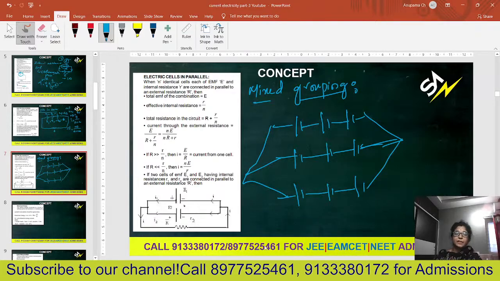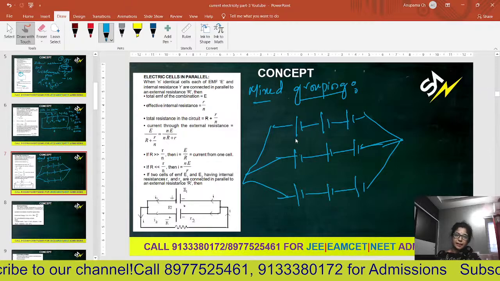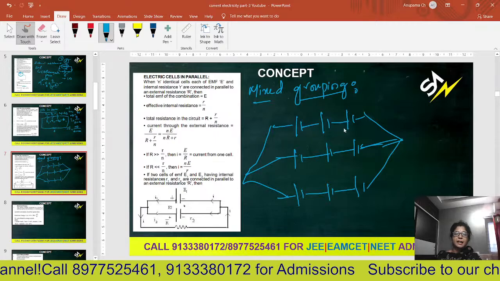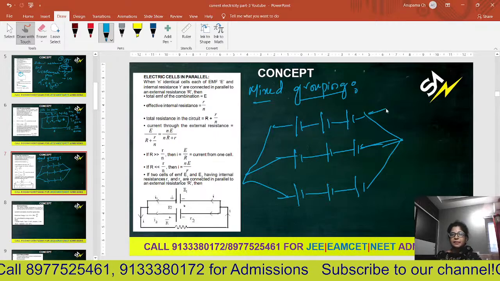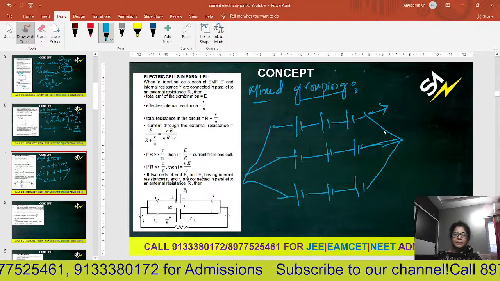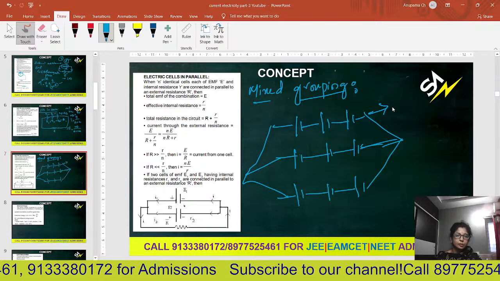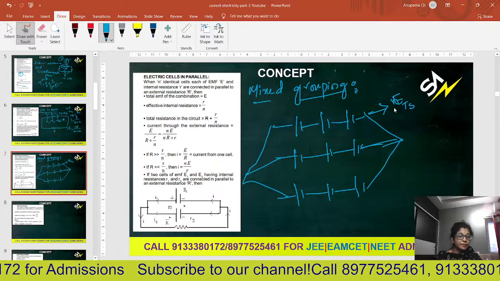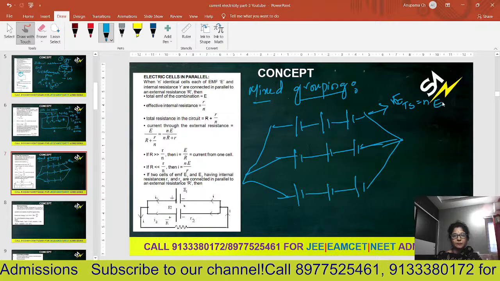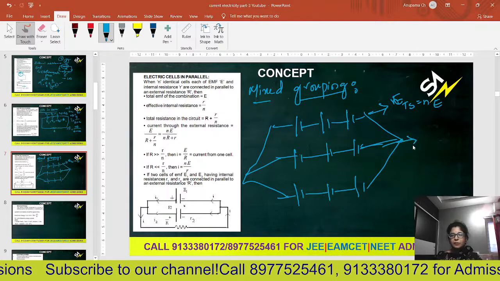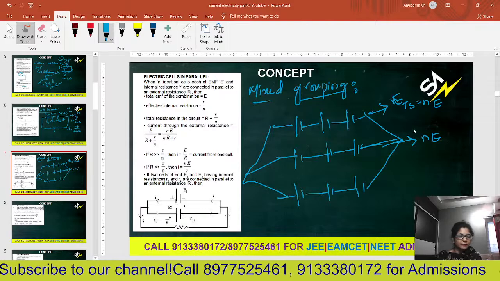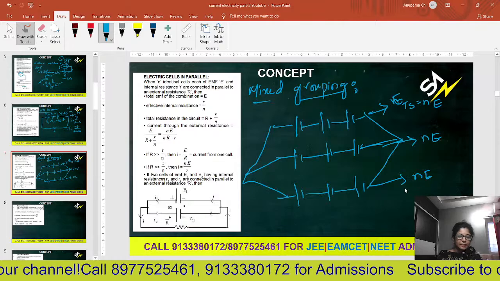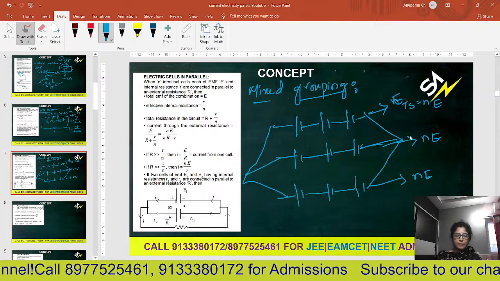So now what we are going to see is, for example, there are n number of batteries in series connection. Let us suppose in series connection there are n number of batteries, and the total EMF in the series connection is N into E. And here also you will get N into E because everywhere you are adding, and here also you will get N into E. And then again they are parallel to each other.